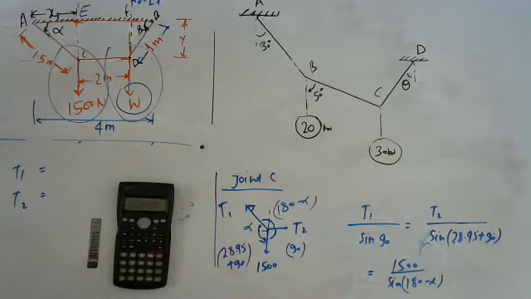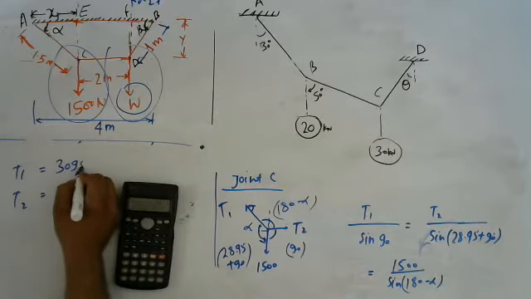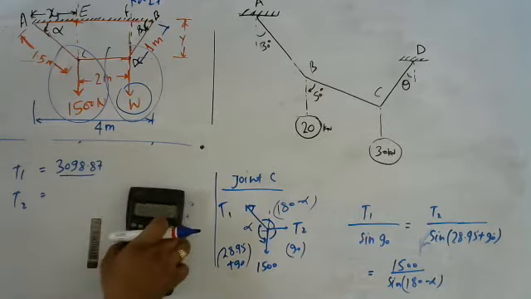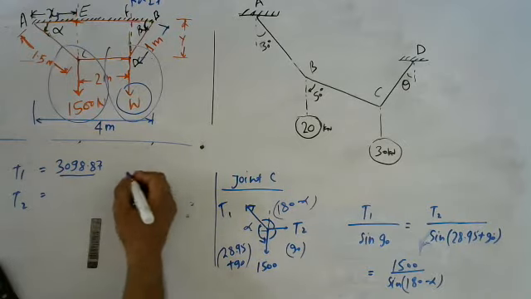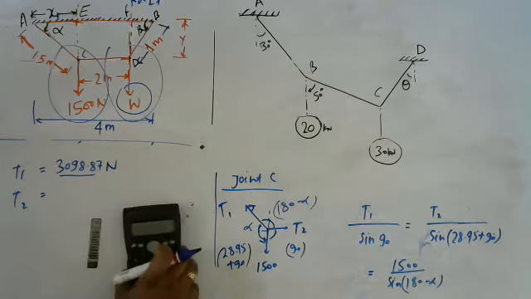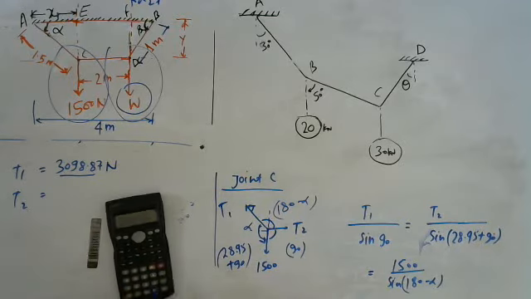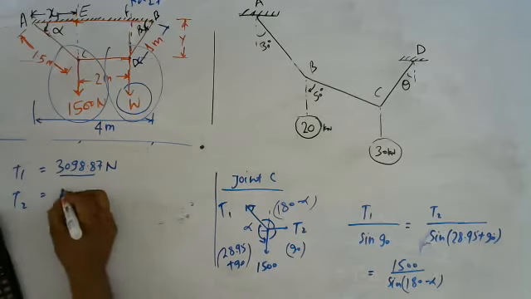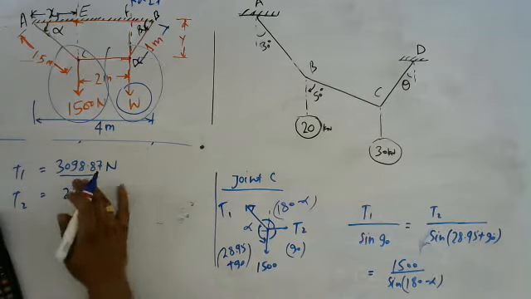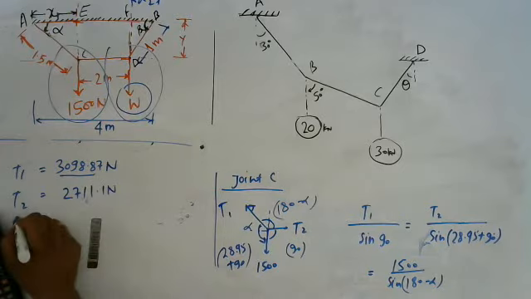The value of T1 is 3098.87 in Newton, and the value of T2 similarly, into sine 90, into sine (28.95 plus 90), bracket close. So this is the value of T2, 1.1 Newton.